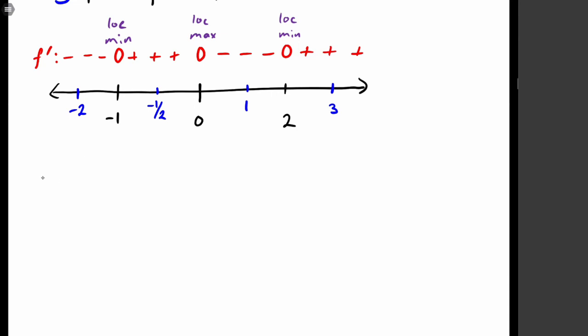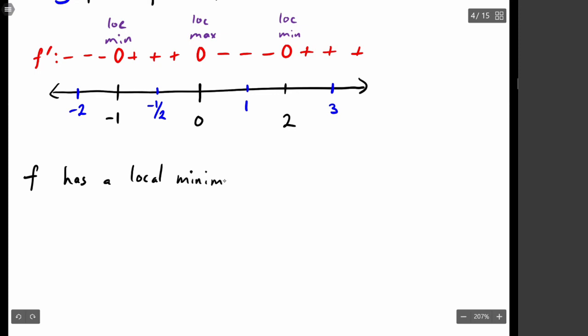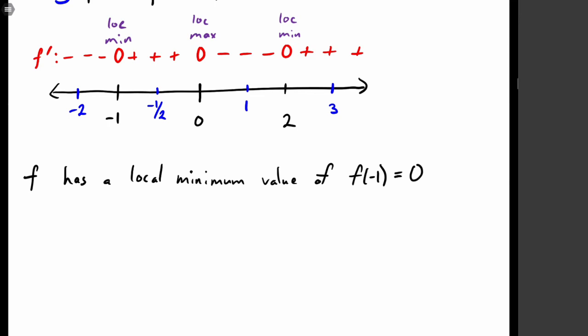So here, f has a local minimum value of f of -1, which is 0, at x equals -1. Okay.